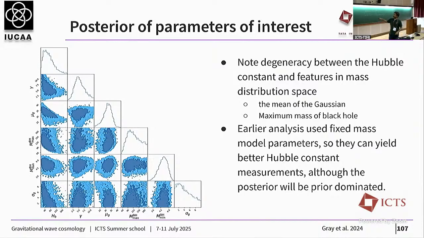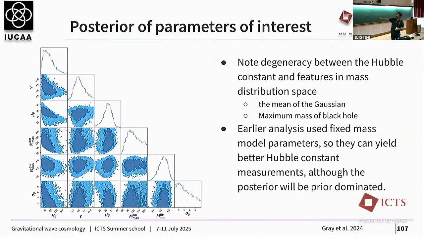And you can see that there are lots of degeneracies, right? Especially when you are determining H naught, you can see that there is a degeneracy with the maximum black hole mass. Because if there is a sharp cutoff that you are putting in your model, then how that cutoff changes will change how the redshift information that you glean from your data will look.